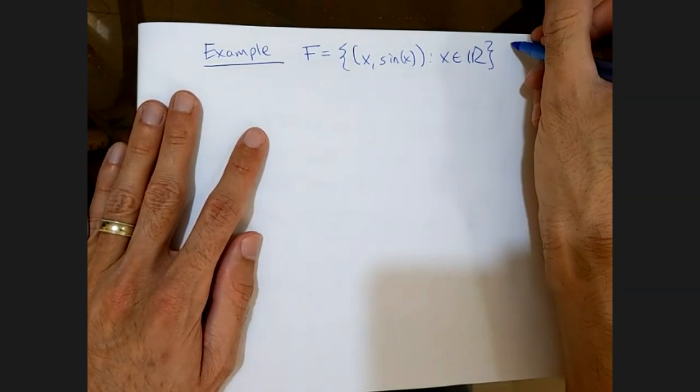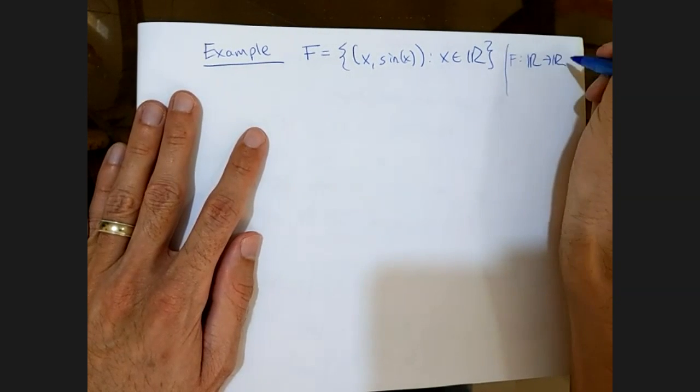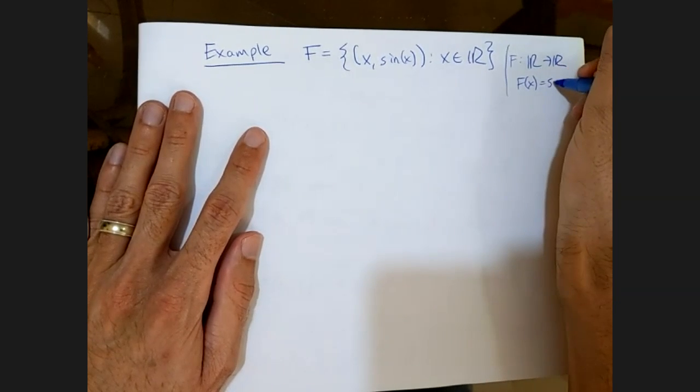In other words, F is a function from R to R given by F of x equals sine x.